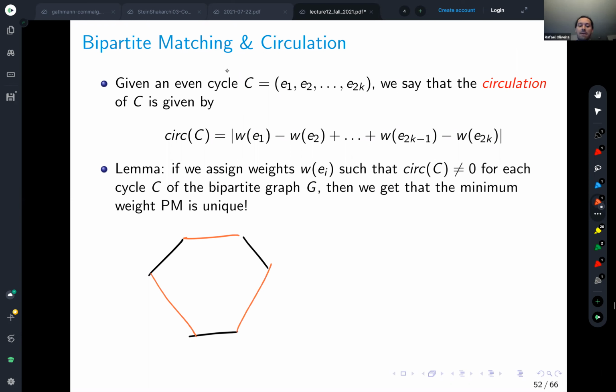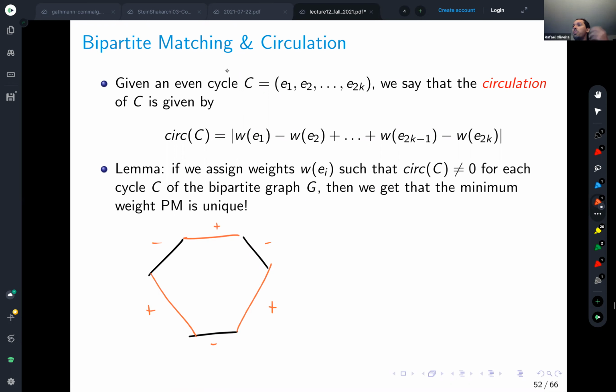Now, if the circulation of the cycle is different from 0, remember, these are the positive part, and these are the negative part of the cycle. Instead of taking the absolute value of the circulation, just look at the circulation with the sign.